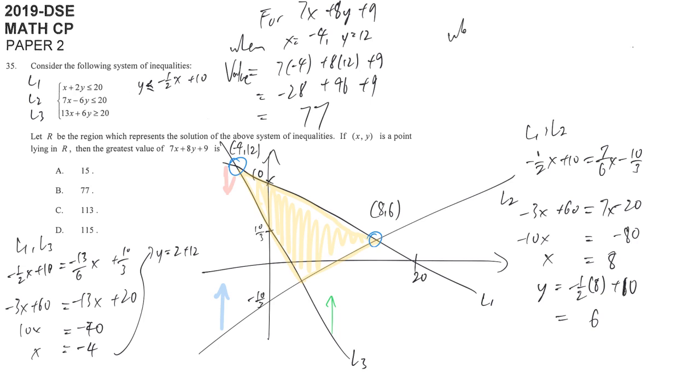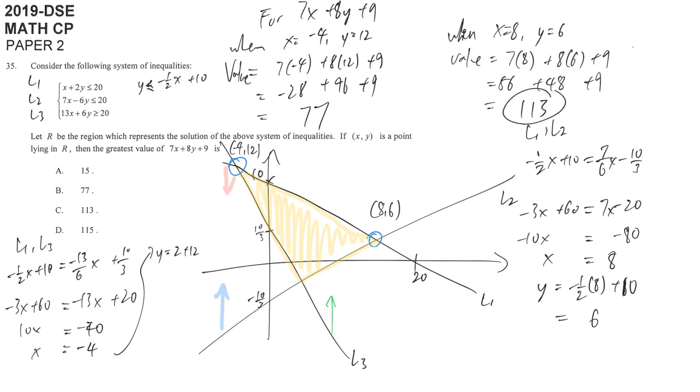And then another situation. So of course 113 is larger. The answer is C.